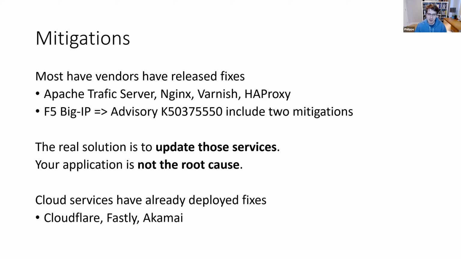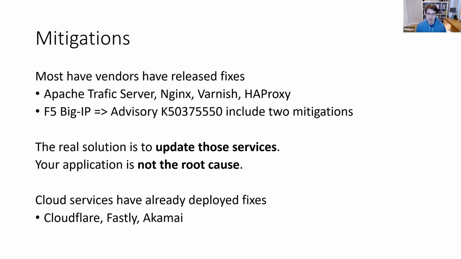Big-IP had two mitigations, and one of those was to enable a module that was not there by default. So read the advisory in detail, because sometimes it's not a fix that will be out of the box, because they want to limit the potential side effects on existing applications. So this is not an easy problem to fix.